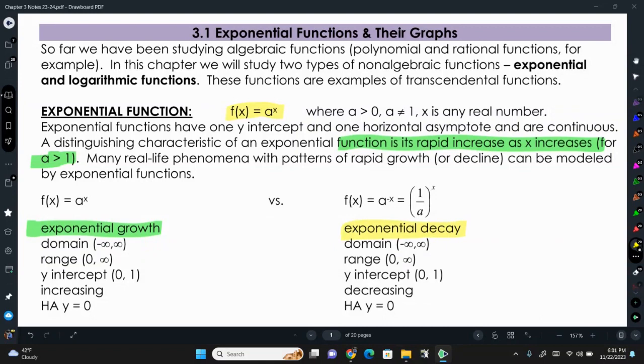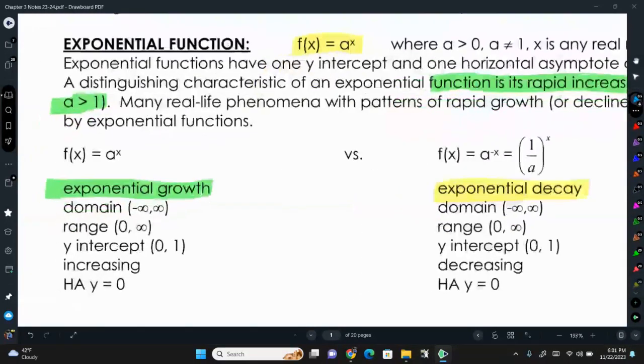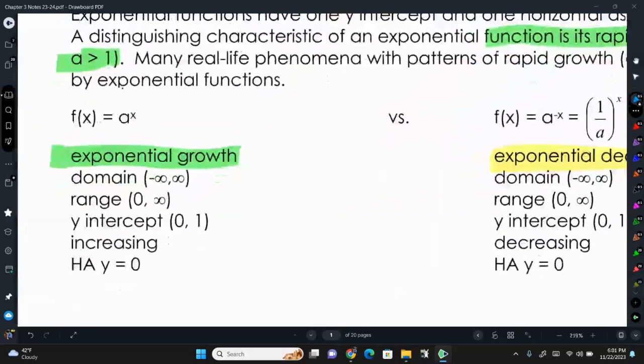Now, one of the things to note is that your a value, the number being raised to the power, won't be negative. So no matter if you have growth or decay, the number being raised to that exponent won't be negative. So exponential growth, like I said, your a value is bigger than 1.